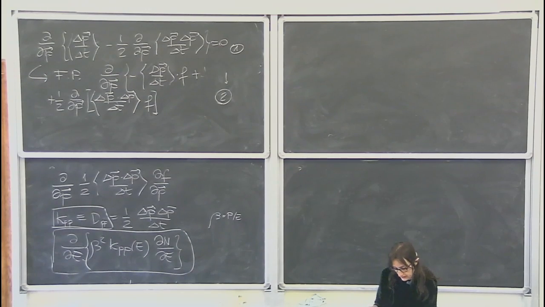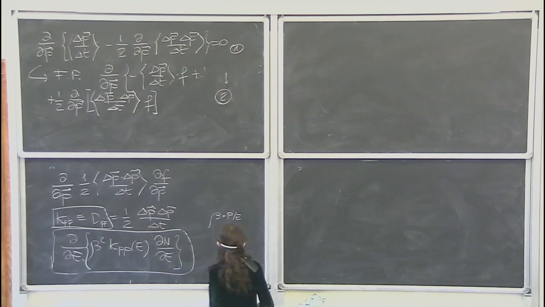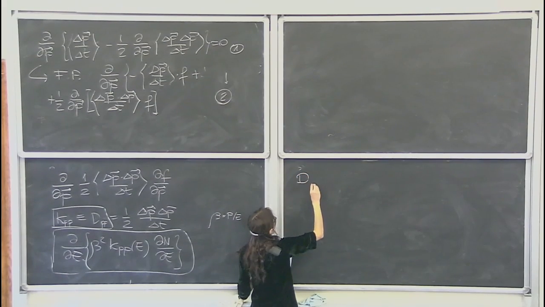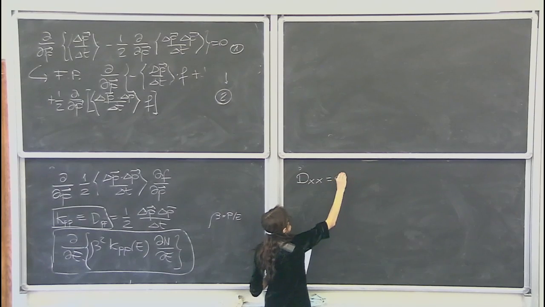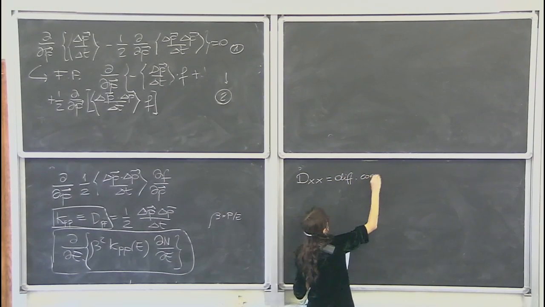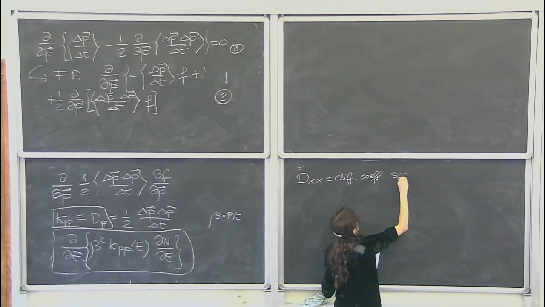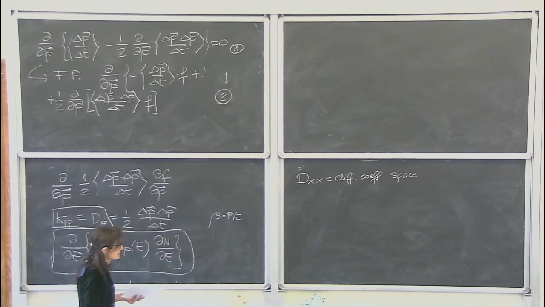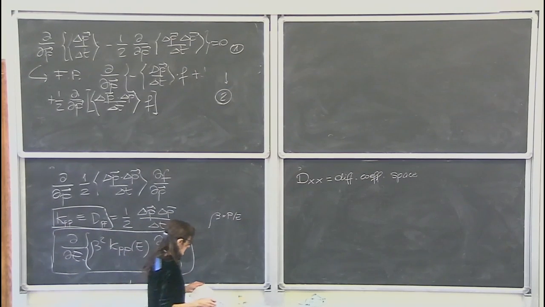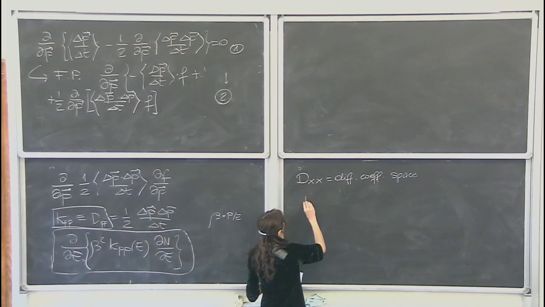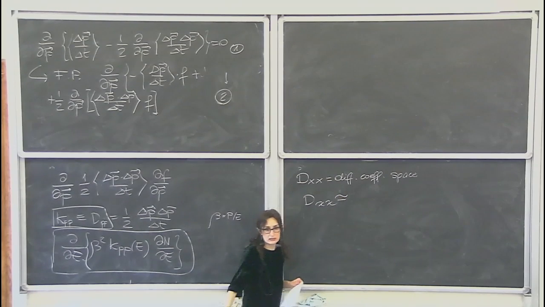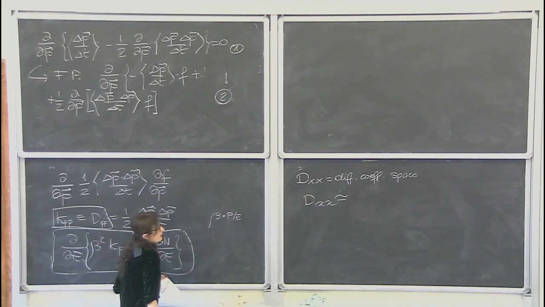An intuitive way of seeing this can be the following. So let me use this notation. This is the diffusion coefficient in space. I just wrote XX to say that it is really the space, the physical space. And from kinetic theory, one can derive an approximate expression.